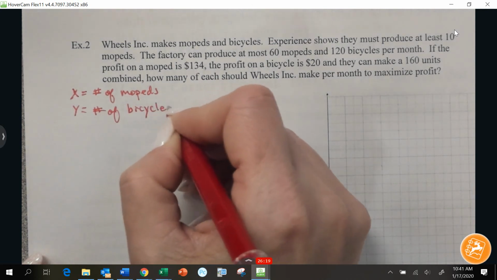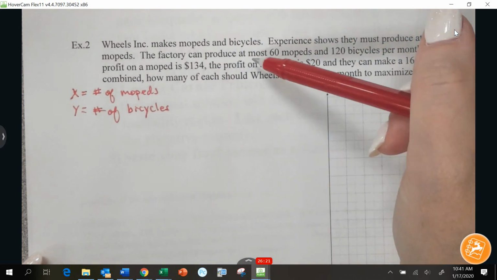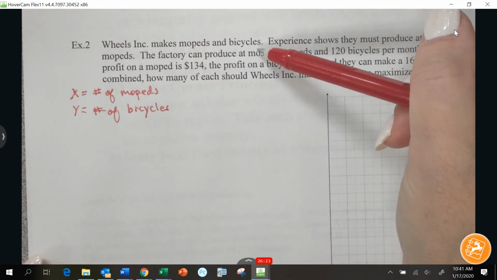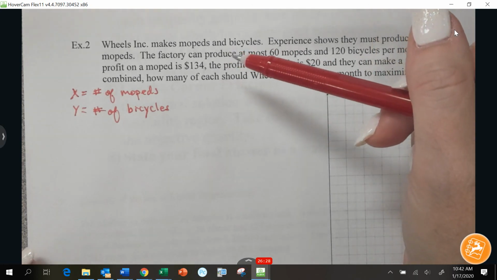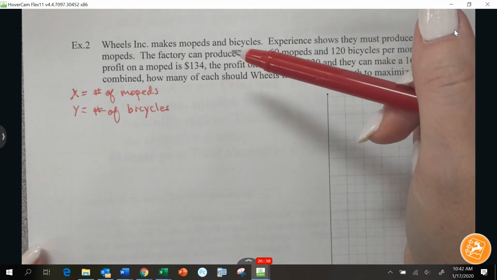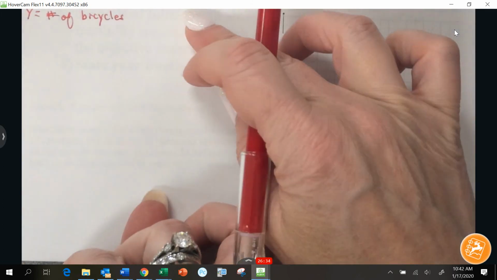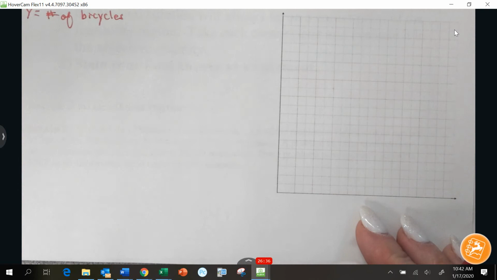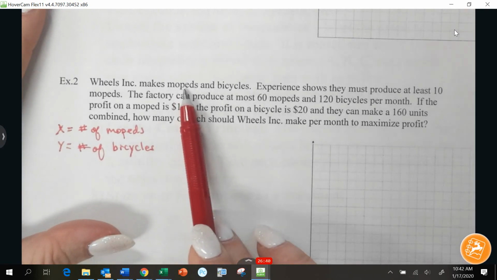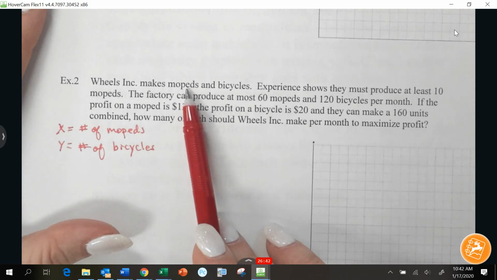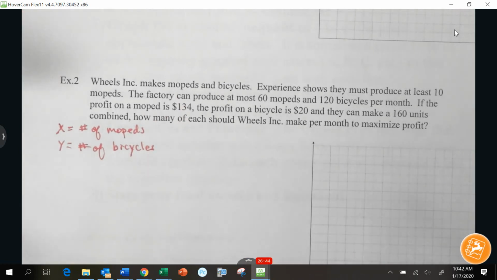If you didn't go in the same order as me, if you said X is the number of bicycles and Y is the number of mopeds, and you set it up that entire way, you could get all the same answers. It's just that your graph would have the things on different axes, so it would look slightly different than mine. That doesn't mean it's wrong. There's nothing here that says mopeds has to be X. That's why you have to define the variable so I can follow your work.